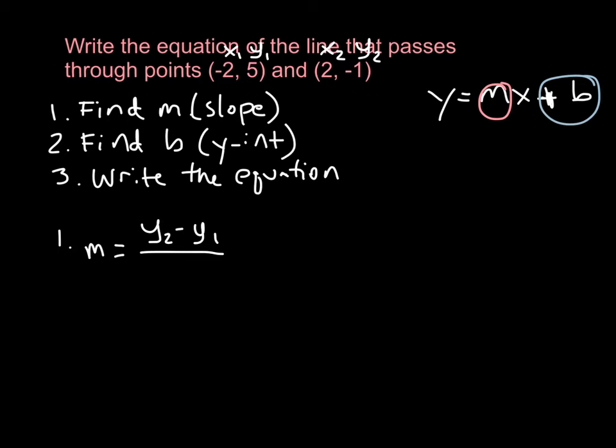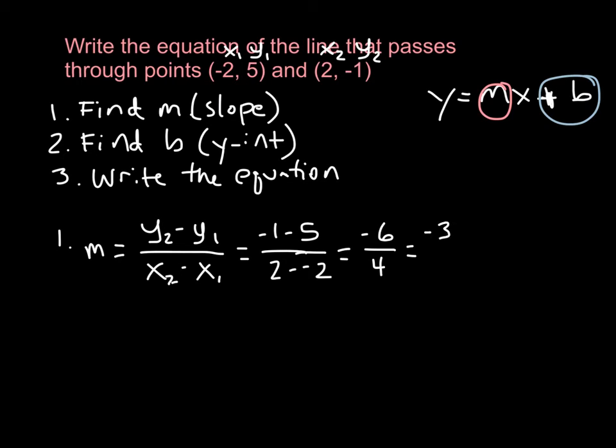So y2 minus y1 over x2 minus x1. y2 is -1 minus y1 is 5. x2 is 2 minus x1 is -2. Again, I'm taking these values, getting them from right here, just plopping them in, and now we're going to simplify. Again, -1 minus 5 is -6, 2 minus -2 is 4, and we can once again simplify this into -3 over 2. So we found our slope.